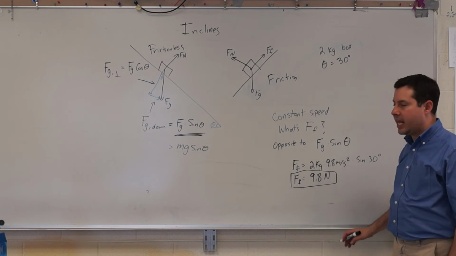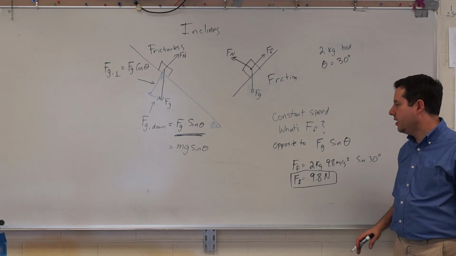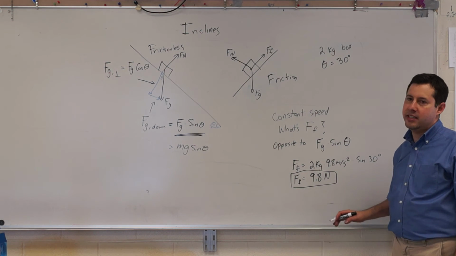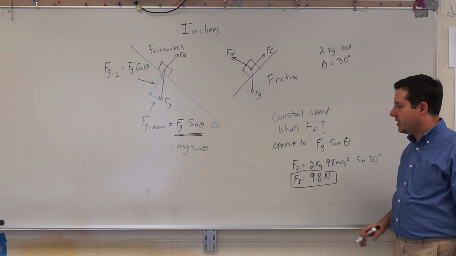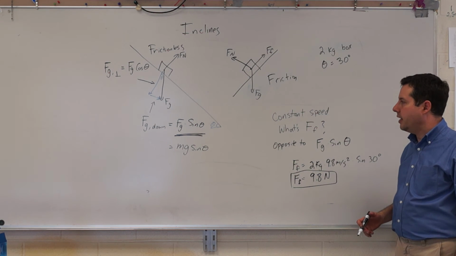So, terrible me, I came up with an answer that's 9.8, right? What a total coincidence, because I tell you not to use 9.8 too often, but in this case, the math actually turned out that way.